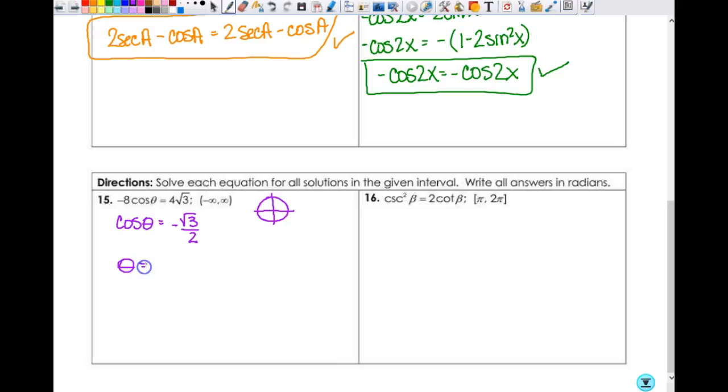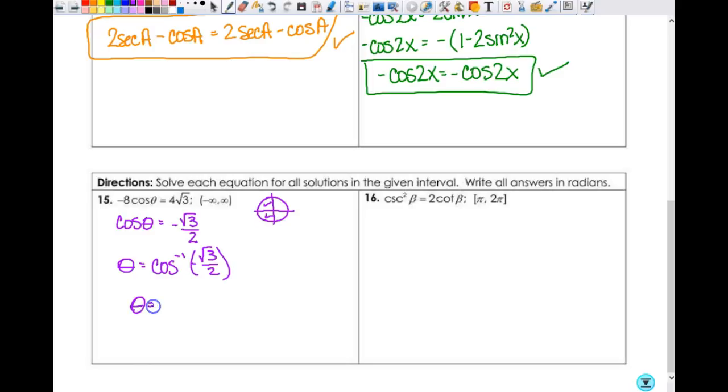So theta is equal to, where is cosine negative? It's cosine inverse of square root of 3 over 2. So cosine is negative here and here. It means I'm going to have 2 answers, but really an infinite number of answers.